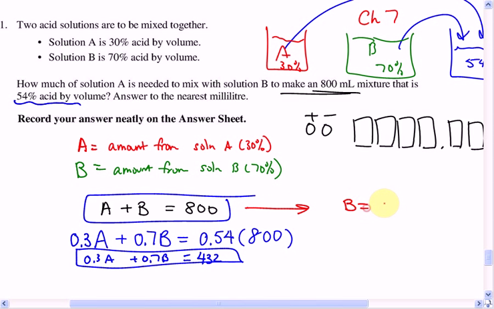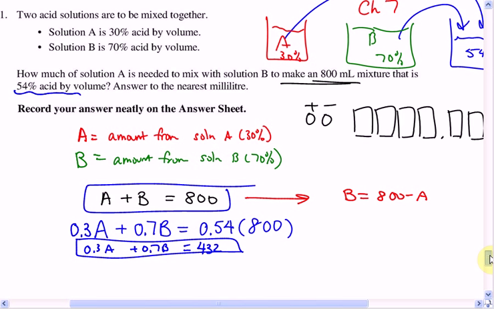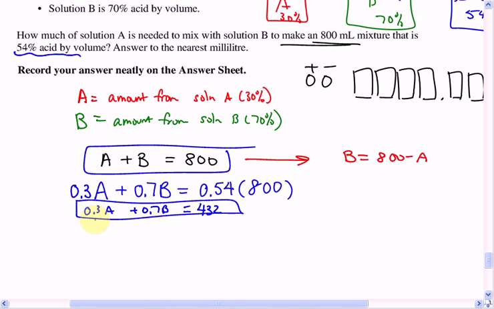I'll solve for B, that's 800 minus A. Okay, so here we go. 0.3A plus 0.7B. And B is my 800 minus A. So I'm using the substitution method from chapter 7.